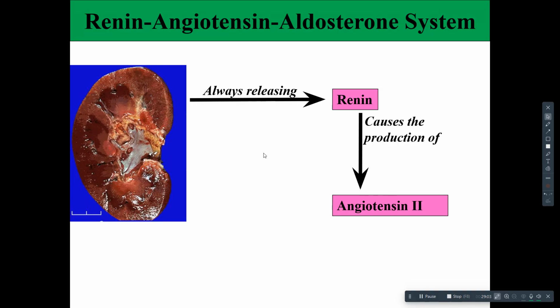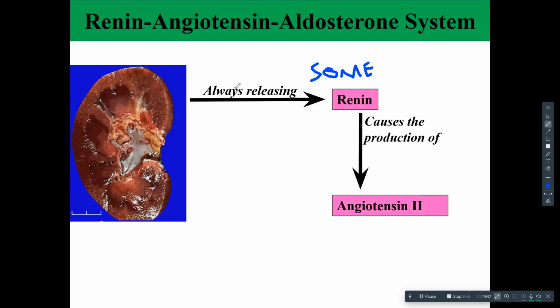The kidney is always releasing some renin, and renin is this chemical. Renin comes from the kidney, so it's called renin. By the way, if you say renin, you're actually talking about something different that's made in the stomach with two N's. So don't say renin, say renin.